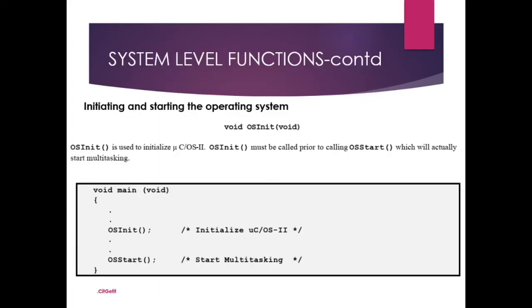When we are talking about system level functions, the important things are, first, initialization and starting of the OS and starting of the system clock timer. For that we use functions like OS init, OS start, then OS timer init.